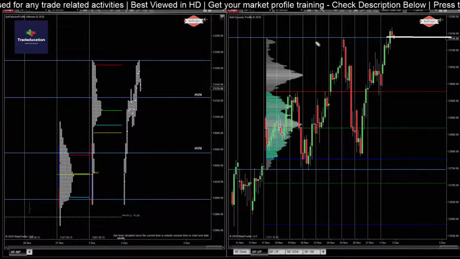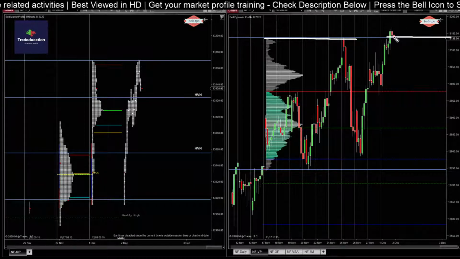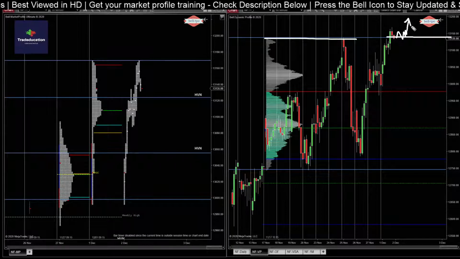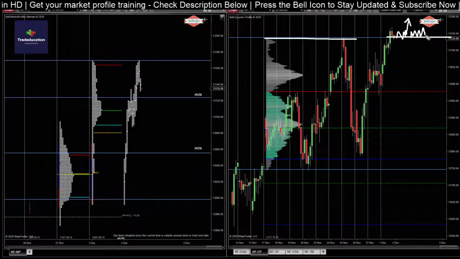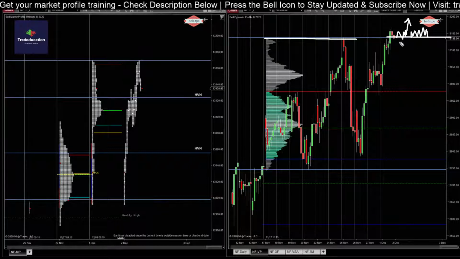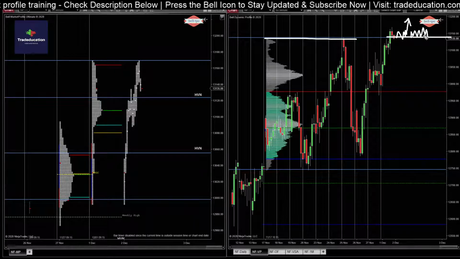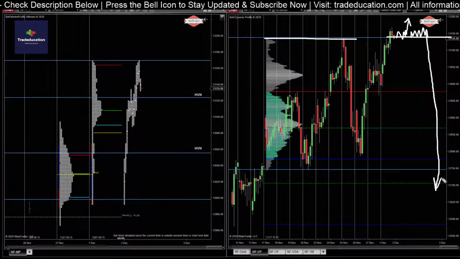So this was the previous balance high, and auction is closed above it. This is where the auction is closed. So I'm expecting it to continue higher. Okay. If I don't see that, some sort of balancing activity, because now I'm expecting sellers to step in and take charge, and then take the entire auction to the downside.